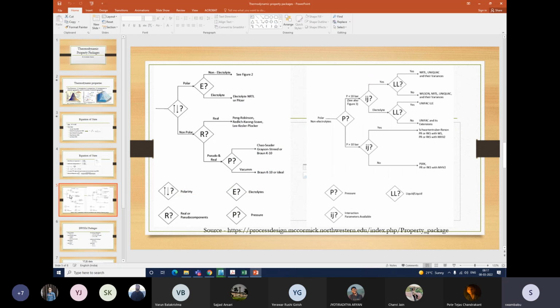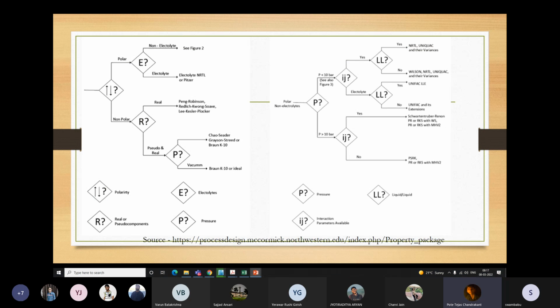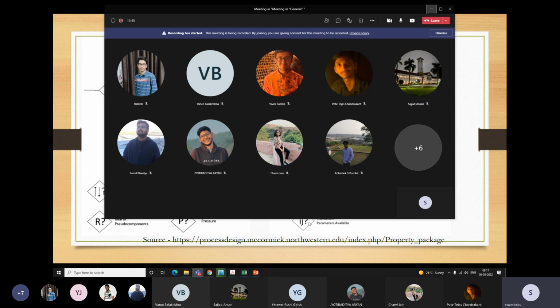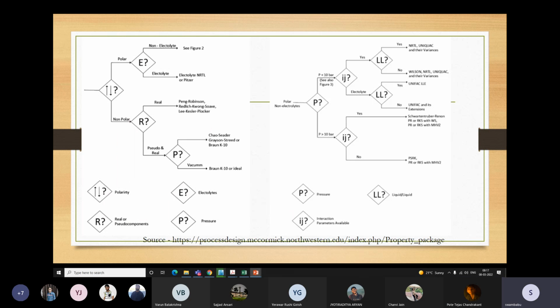So let's look at this slide. These are hydrocarbons. Are these polar or non-polar components? Ethane, propane: non-polar. Yes, these are non-polar components, and this one is polar.